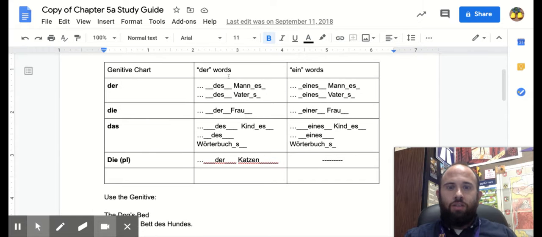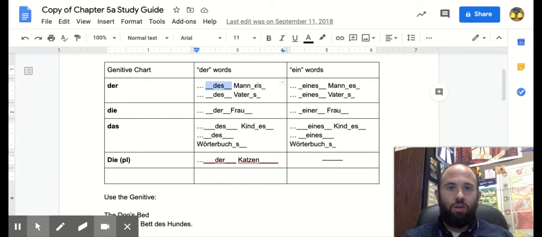All right, let's see what the chart means to you, and you should go ahead and fill yours out too. Here we've got der. So when der goes to genitive, it'll be des. So des Mann. Here we've got des Vater.